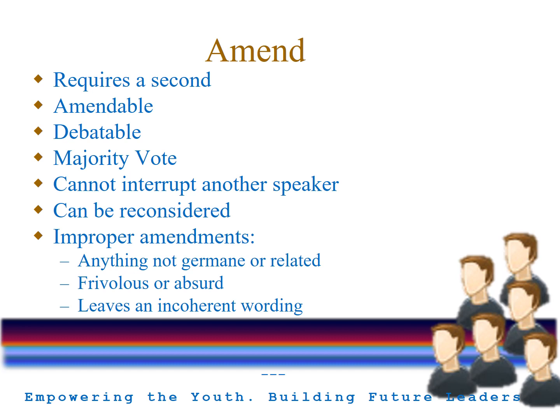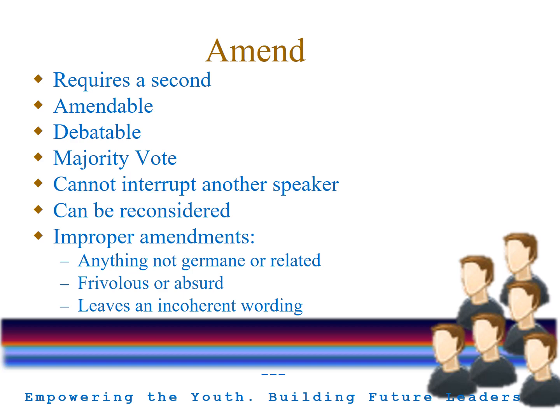Now, improper amendments include the following: anything not germane or related to the main motion, frivolous or absurd, or leaving an incoherent wording. So these are information that is not necessarily required for the main motion.